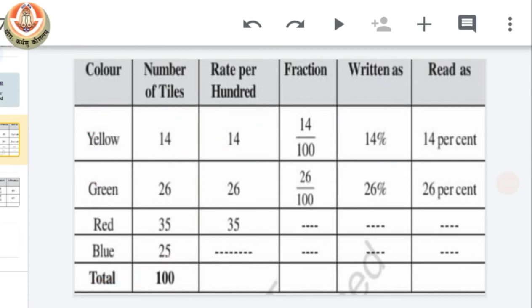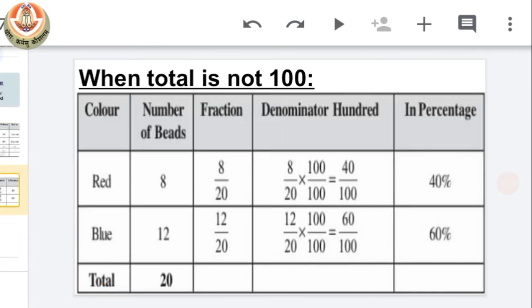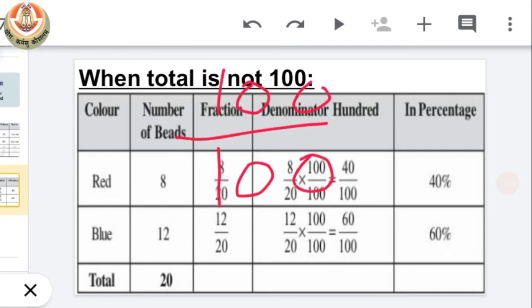But when our total is not 100, the first thing you have to keep in mind is that 100 divided by 100 is known as percent.